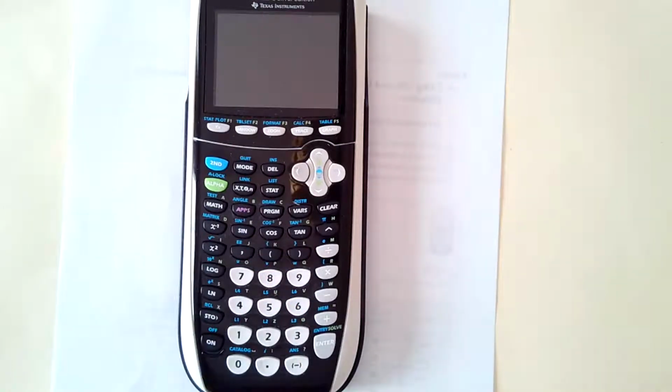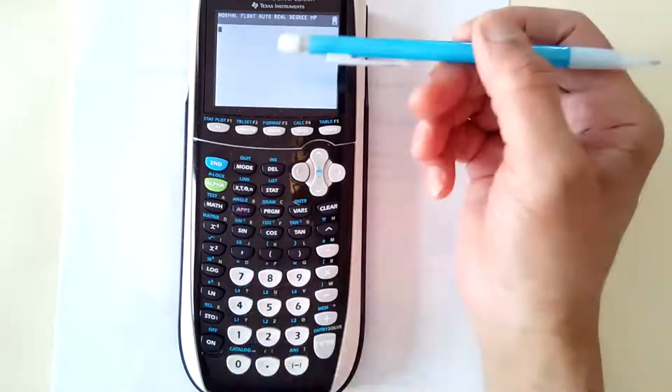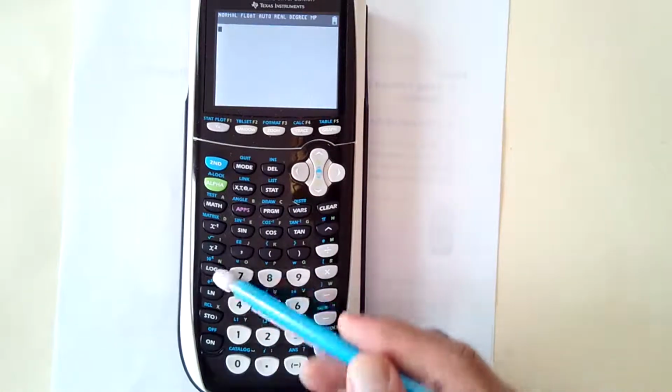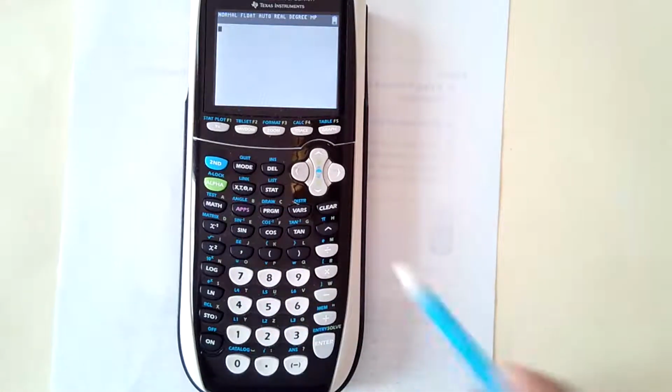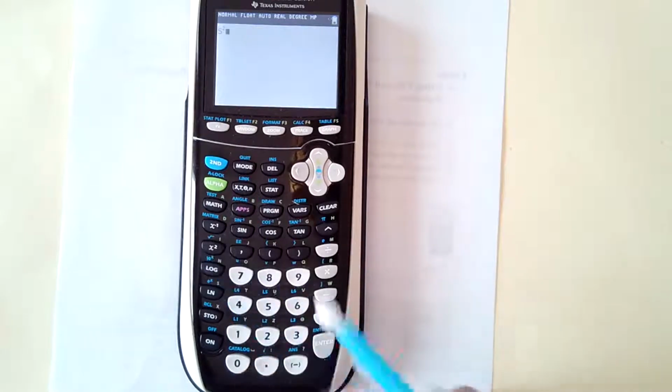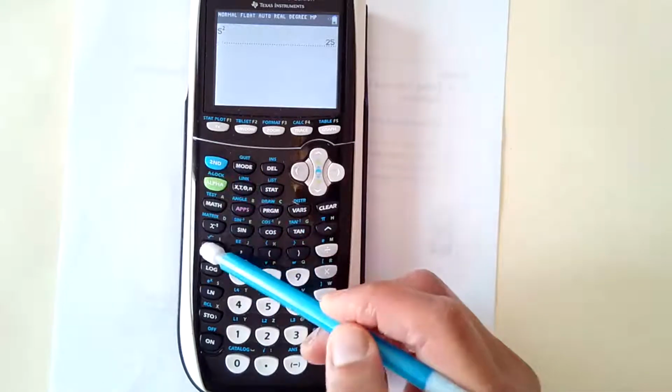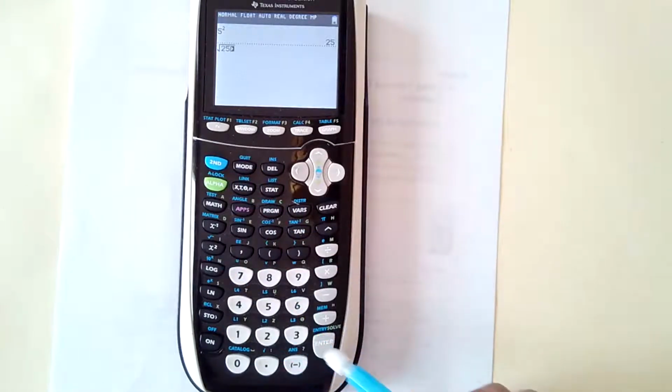To turn it on, you press the on button, and for any calculations, you'll be pressing the keypad here. So for example, I want 5 squared, 5 to the power 2, enter, equals. If I want a square root, I find the square root of, say, 25, that should give me 5.